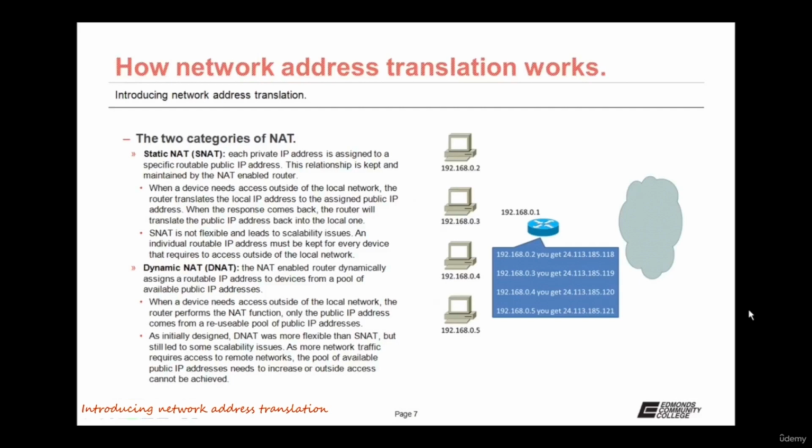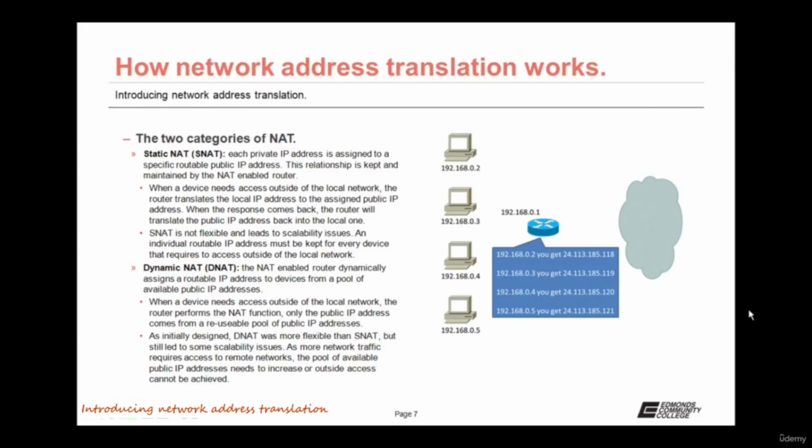An individual routable IP address must be kept for every device that requires access outside of the local network. So as the network grows, you need to increase the amount of public IP addresses that are under your control. That gets kind of expensive and kind of complicated.